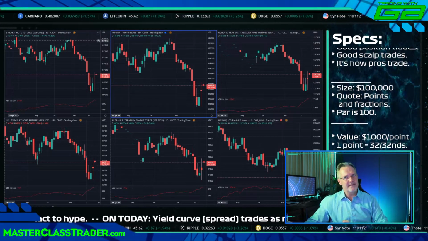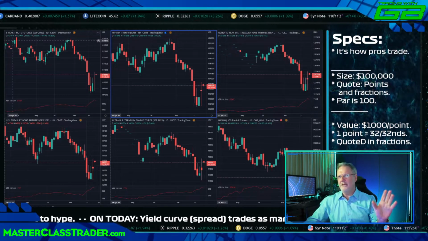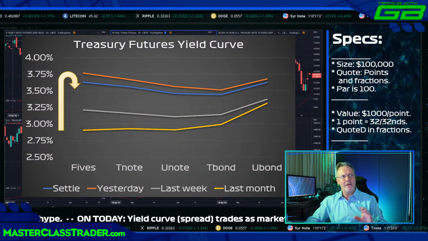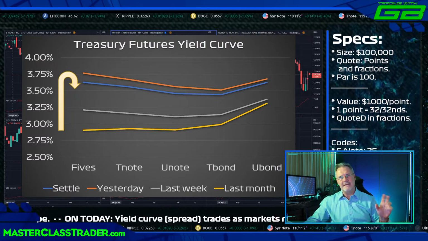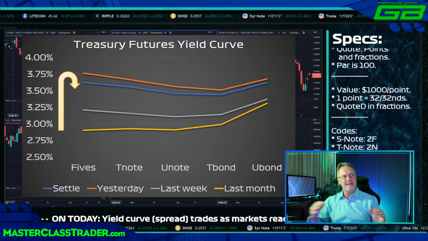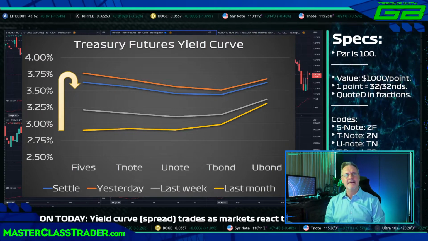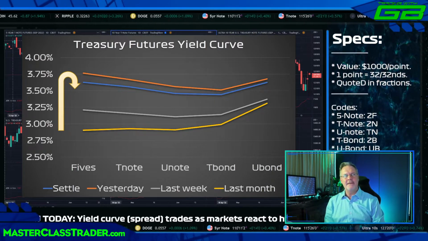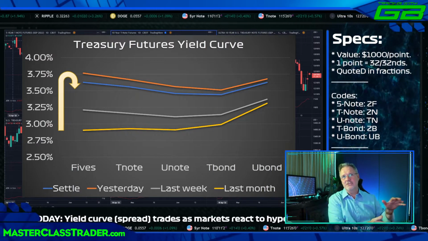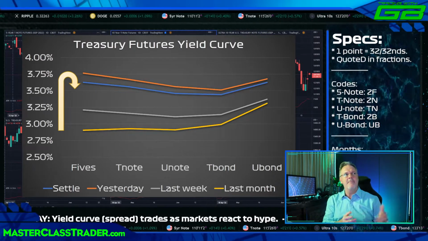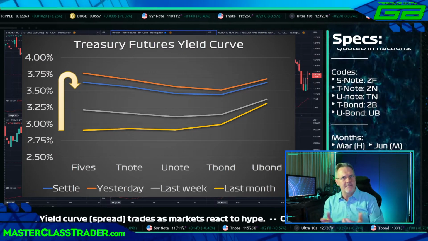They're not priced in terms of yield, they're priced in terms of price. But when we look at a yield curve, when we look at that display in yield, we can see the relative change. So you can see that ultra bond and that T bond not moving as much as that shorter end of the curve. And that's what happens when markets are hyped up.